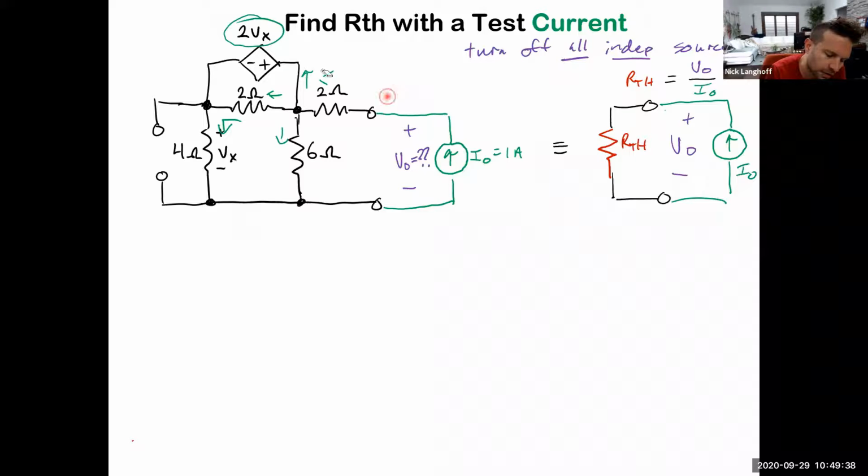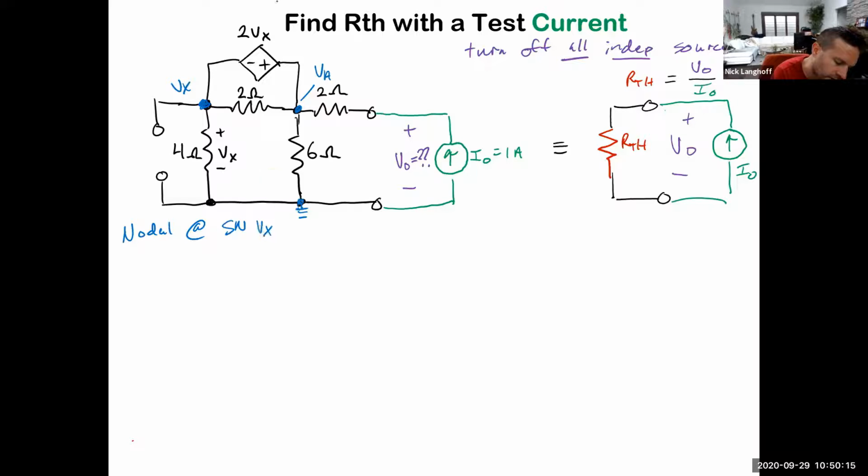So let's go ahead and start to solve this. Let's do the nodal analysis at the super node. We've got 2 points here. We've got VX, and I'm still going to call this VA. We've grounded this here, and we're doing a super node at VX and VA.